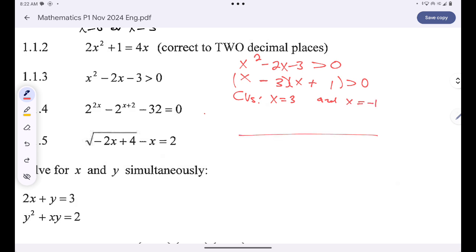And then all I need to do, guys, is to just express my critical values on the number line. I'll have negative 1 and 3. Since there's no equal sign over there, that simply means the critical values should not be included in my final solution. Okay, now guys, let's insert the signs on top of the number line.